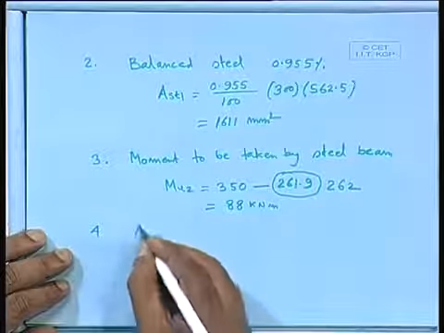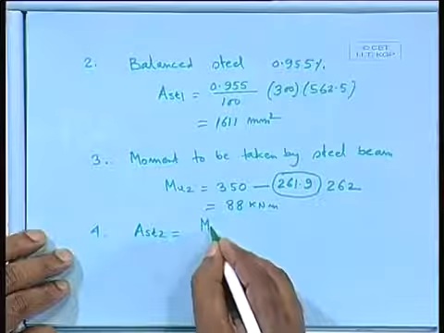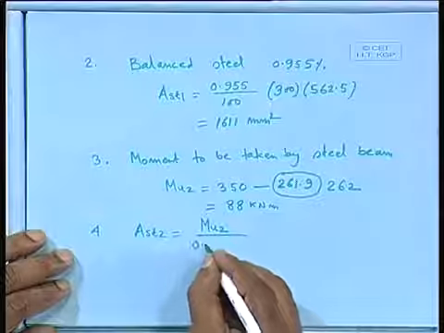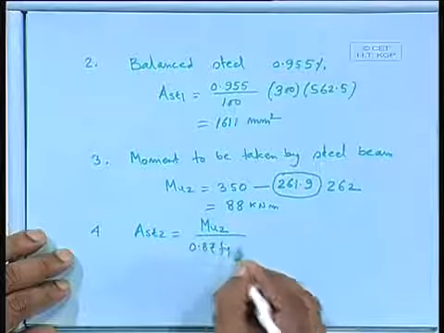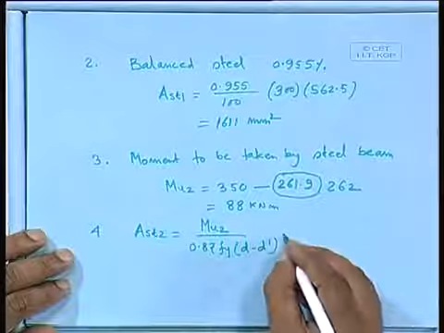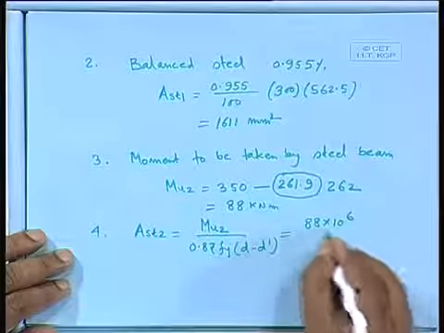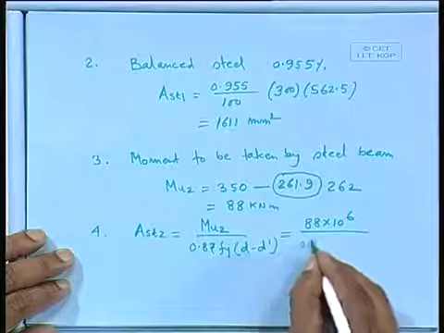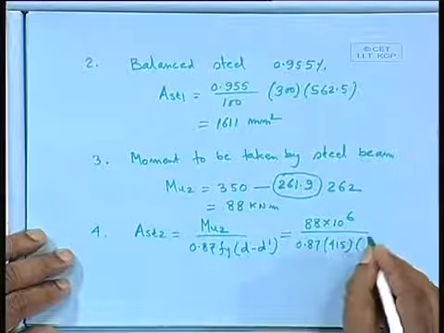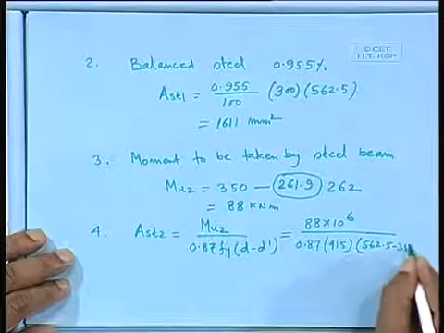What about the area of steel 2? Ast2 will be equal to Mu2 divided by 0.87 fy times (d minus d dash), equal to 88 times 10 to the power 6 divided by 0.87 times 415 times (562.5 minus 35).